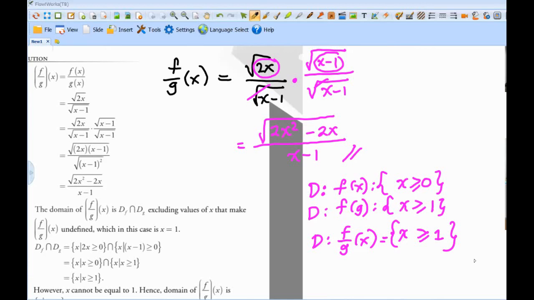X cannot be equal to 0, because if you put 0 here, the function won't be defined. Because 0 minus 1 is negative 1. Okay?